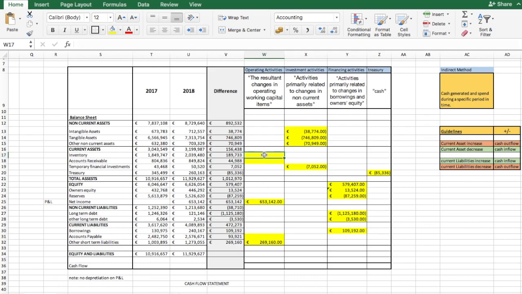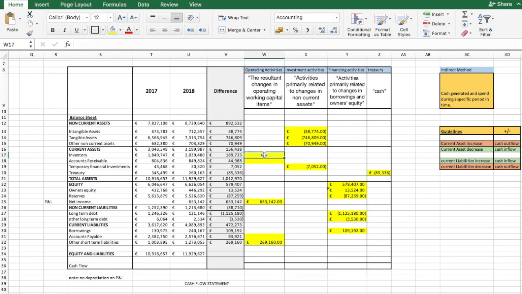For this, we have to put ourselves in the shoes of the Treasury Department, and we have to think whether we receive money or we're going to give money away. It's called cash inflows or cash outflows. So the first example is inventory. We can see that from 2017 to 2018, we increased the amount of inventories by this amount.